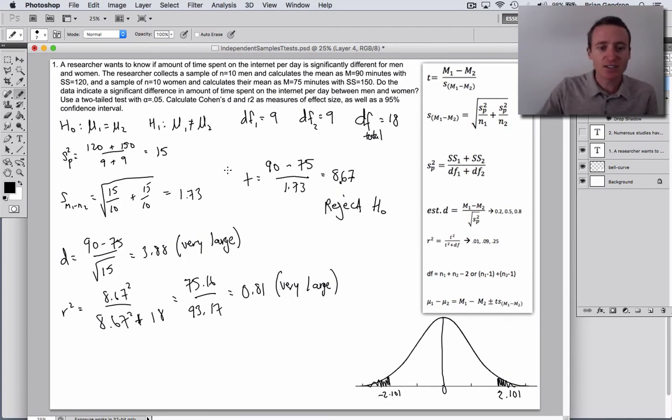All right, the last thing this question calls for is a 95% confidence interval. Here's a formula down here. We're going to use this to estimate the true population mean difference in internet usage between men and women.